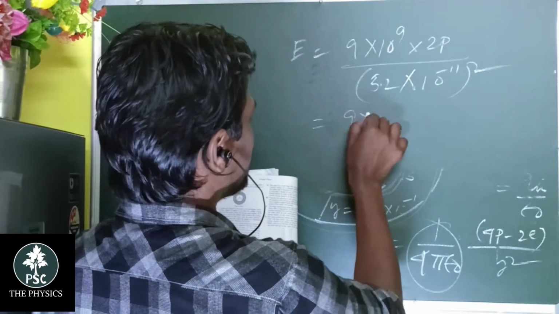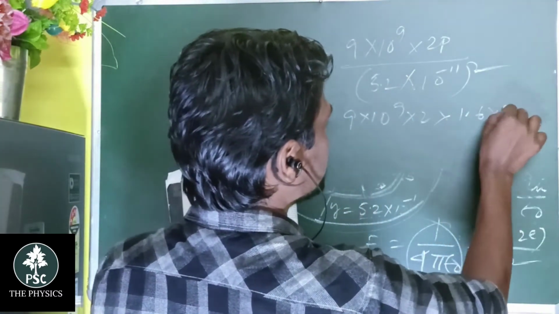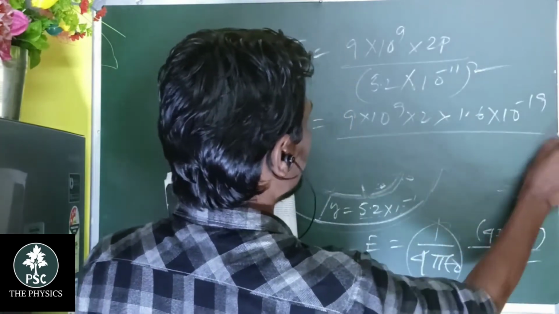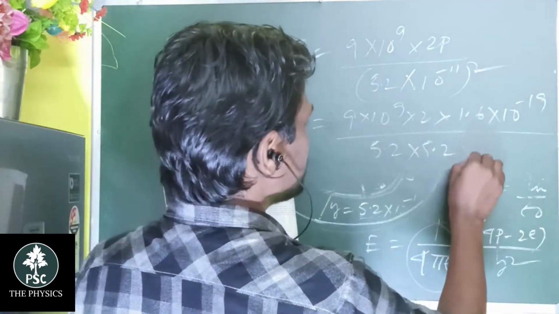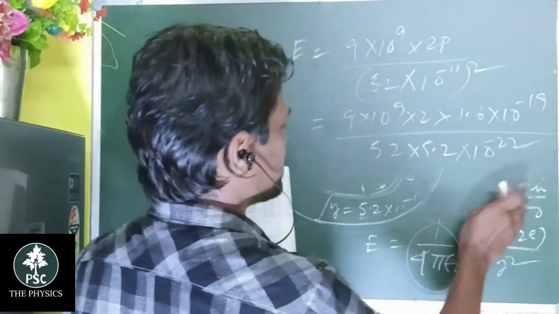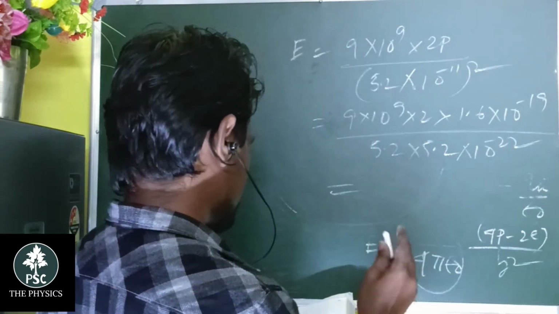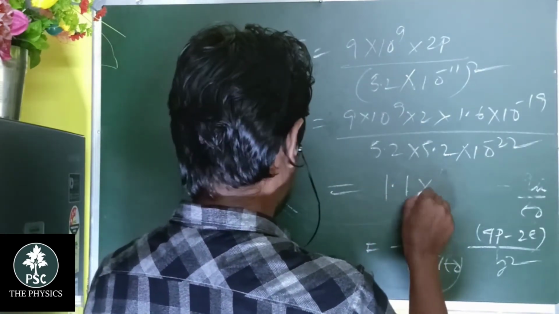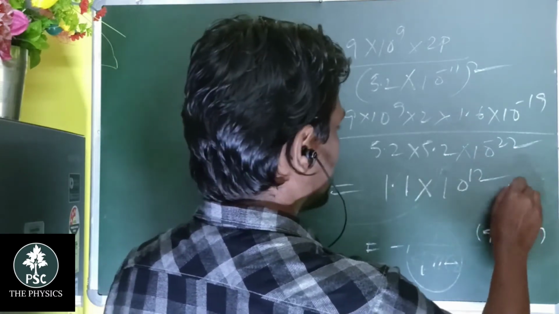So 9 into 10 to the power 9 into 2 into p means 1.6 into 10 to the power minus 19, by 5.2 into 5.2 into 10 to the power minus 22, and this gives a result of 1.1 into 10 to the power 12. Okay, so this is Newton by Coulomb.